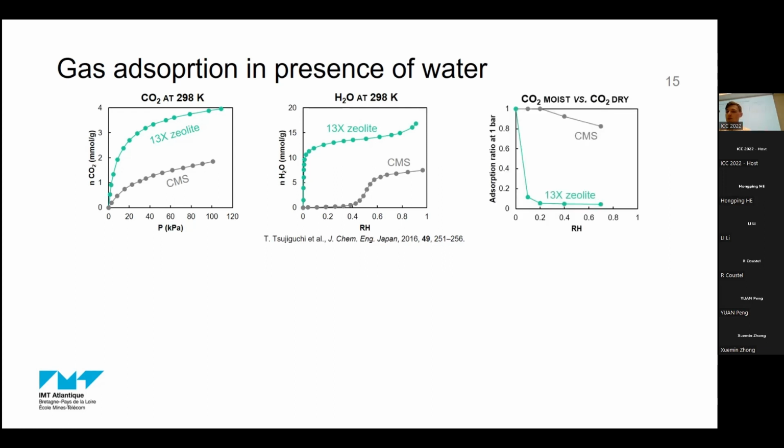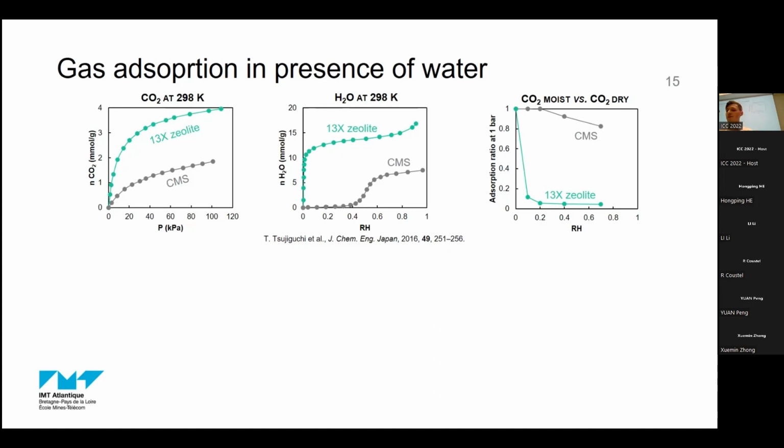And now, if we measure the adsorption of CO2 by humidity equilibrated materials in comparison to dry material at 1 bar, what we can see is that zeolite, even at low relative humidity, loses almost all its adsorption capacity.